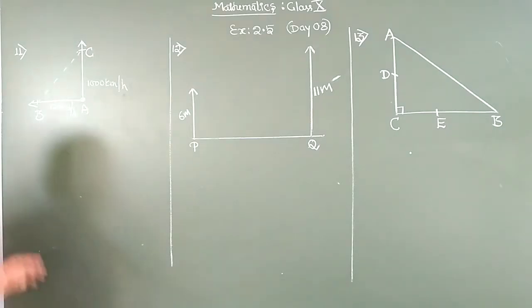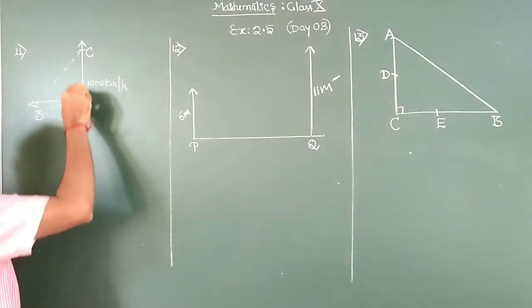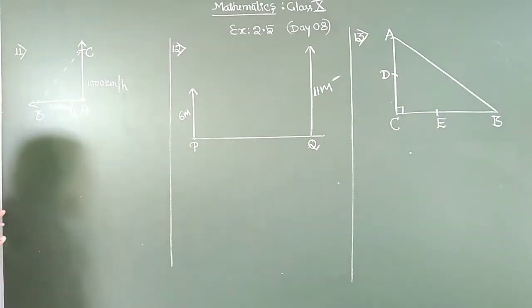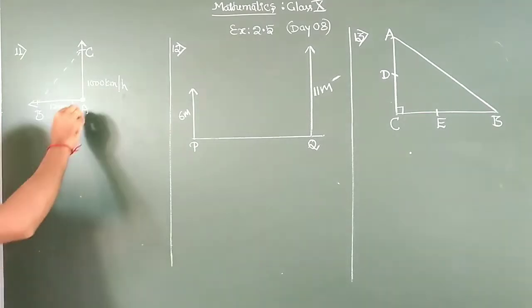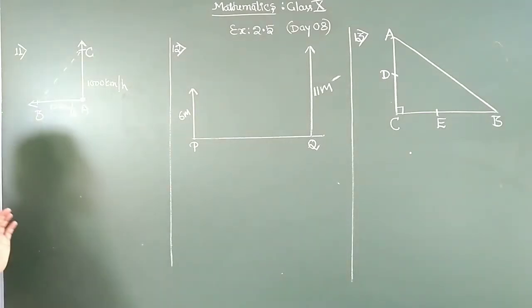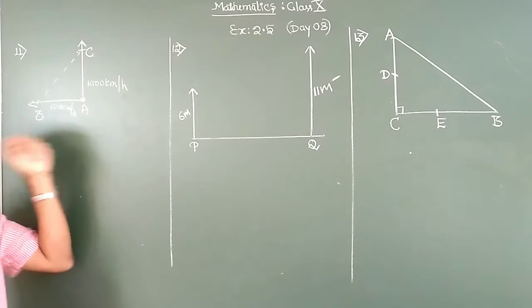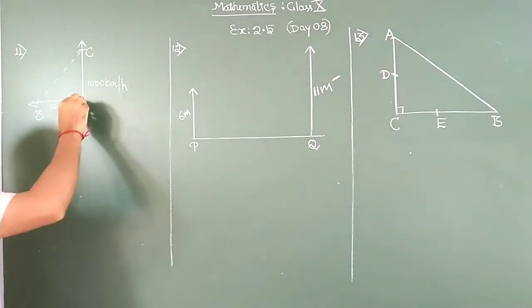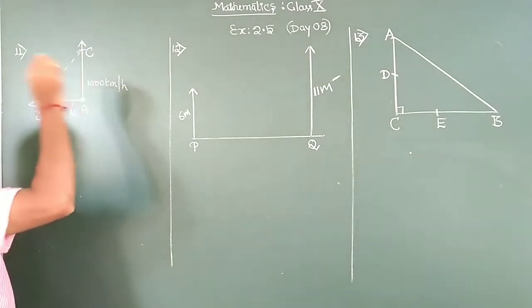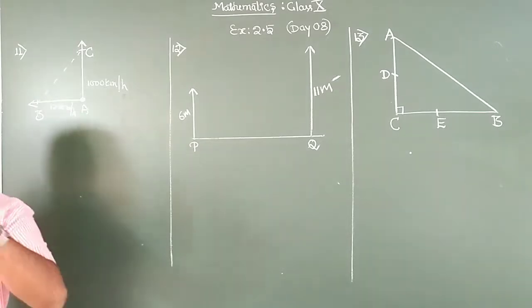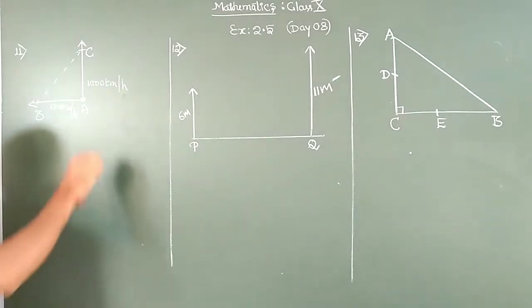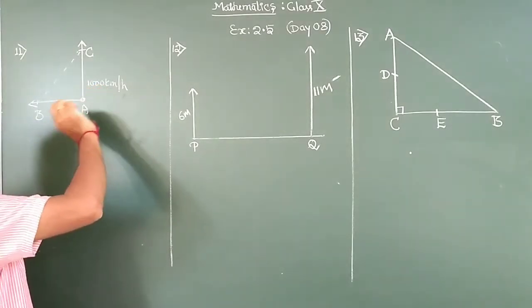Now let us imagine after 1.5 hours the first aeroplane will go from A to C, and the second will go from A to B. Now in 1.5 hours how much distance will it move? That will be 1000 km per hour, so for 1.5 hours, it is 1500 km. It is quite easy.